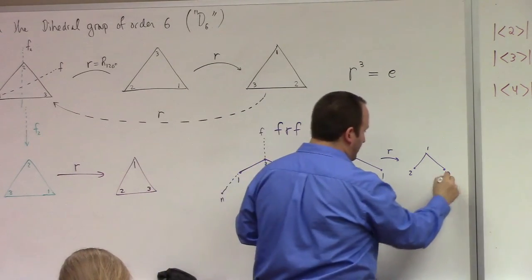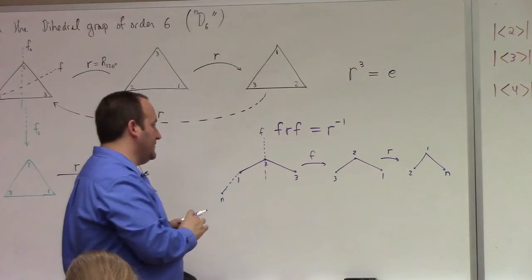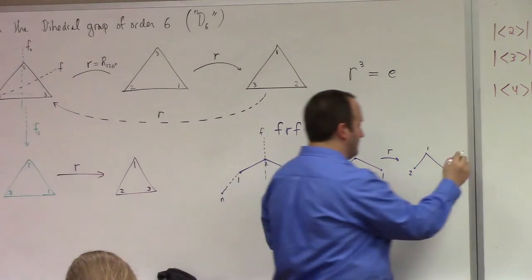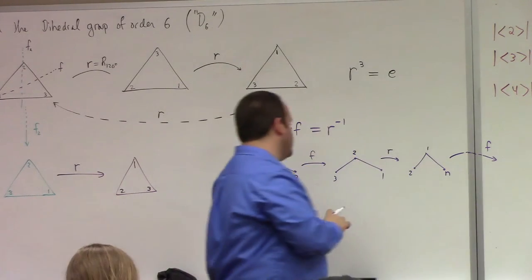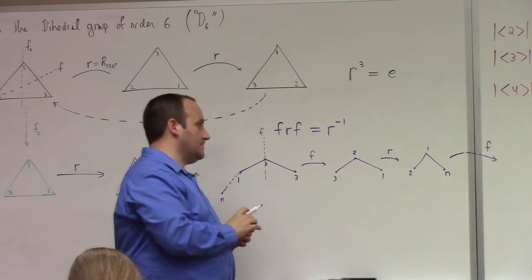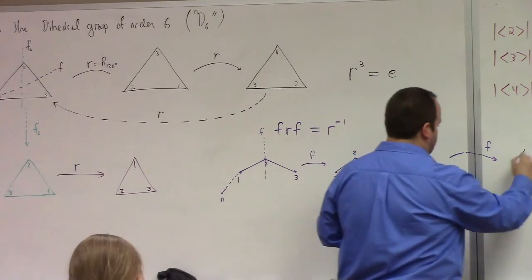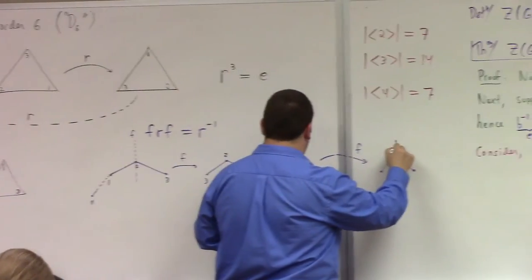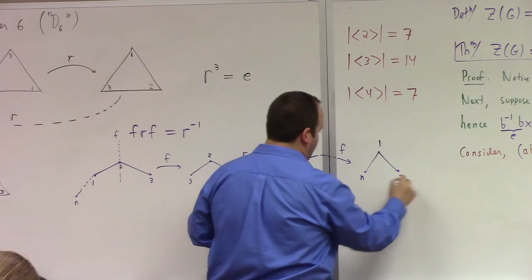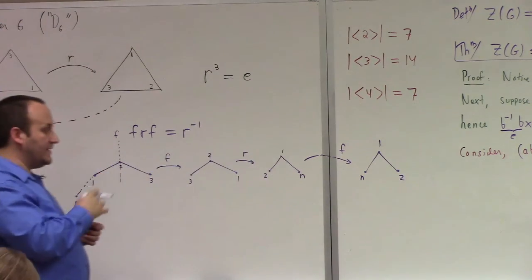Yeah, n. Then what happens if we flip again? We get 1 upstairs, and we get n over here, we get 2 over here, right?